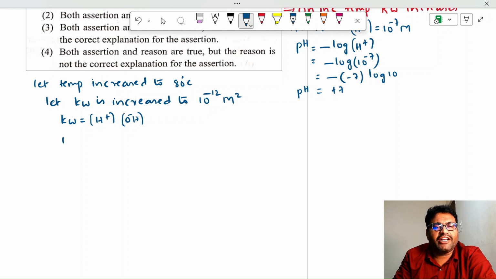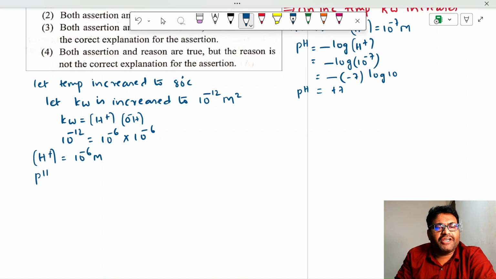That means here 10 power minus 12 is equal to 10 power minus 6 into 10 power minus 6. That means now H plus ion concentration is 10 power minus 6 molar. Then calculate pH. pH is equal to minus log 10 power minus 6, that is equal to minus of minus 6 log 10 base 10, that is equal to plus 6.